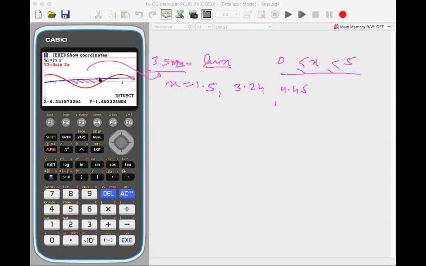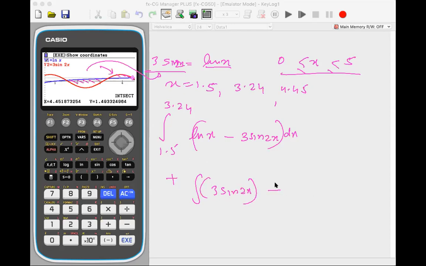When they expect us to write the integral, it is going to be from 1.5 to 3.24 of ln x, that's my upper curve, minus 3 sine 2x, that's the lower curve, plus the other integral, which will be 3 sine 2x, because that's for this region, where my upper curve is 3 sine 2x minus the ln x curve, from 3.24 to 4.45. So this is the answer when you write manually.